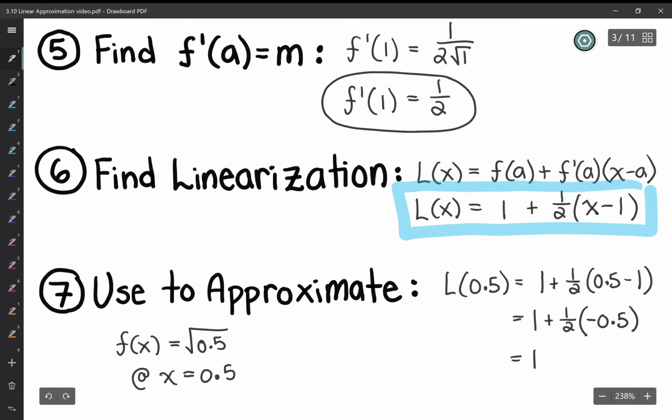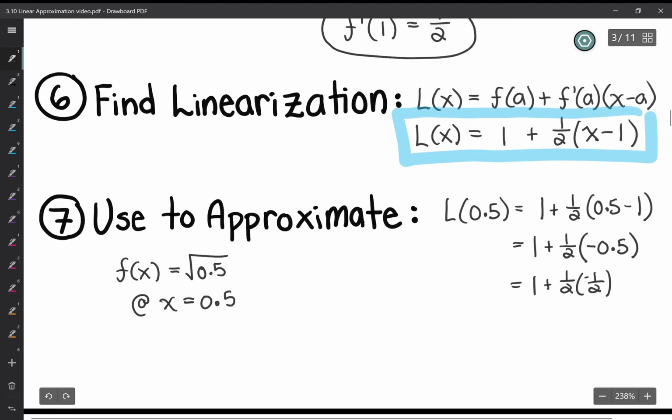So that's equal to 1 plus 1/2 times negative 1/2, which is equal to 1 minus 1/4, which is 3/4. So the square root of 0.5 is approximately 3/4.